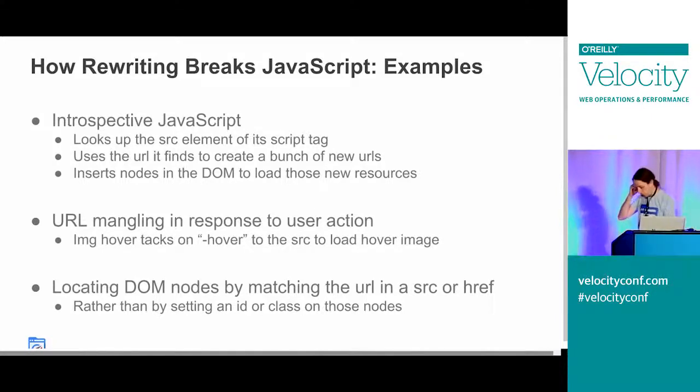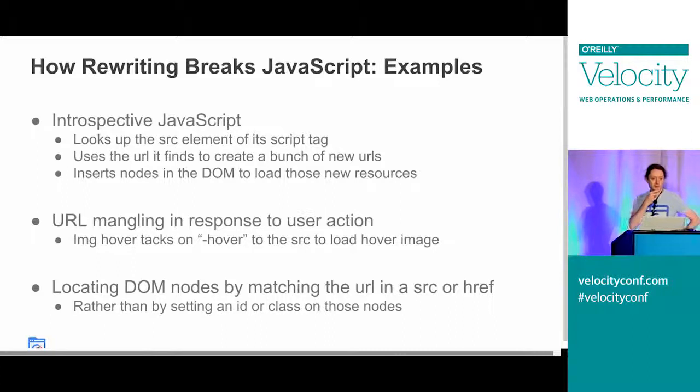So another common thing we run into is URL mangling in response to user action. The classic bug here was filed by my colleague, Brian McQuaid, who works on the PageSpeed Insights team. We had a website that looked like it worked perfectly with Mod PageSpeed. You could interact with it, it was all great. And he said, actually, no, this page is broken.